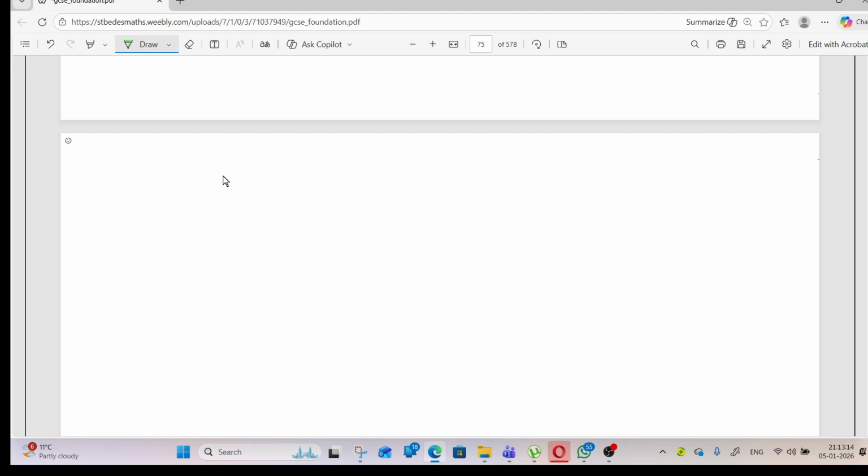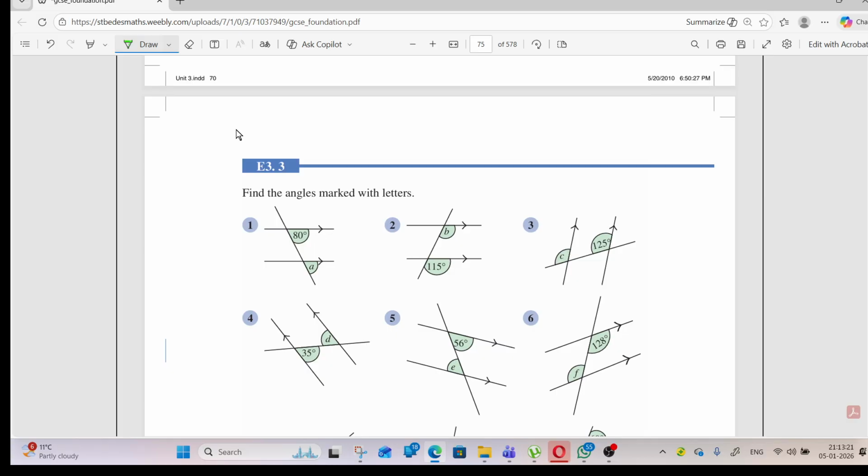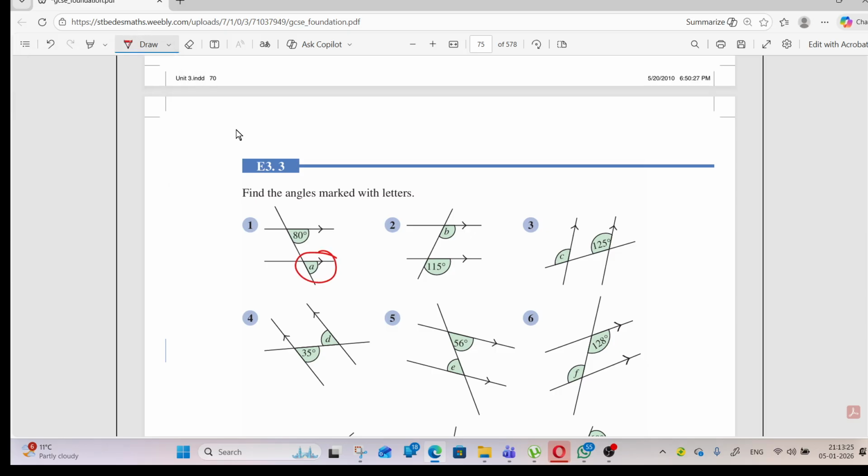Okay, let's do this. Tell me how much is this angle A. 80. Reason? Because they're corresponding. Very good, corresponding, great.